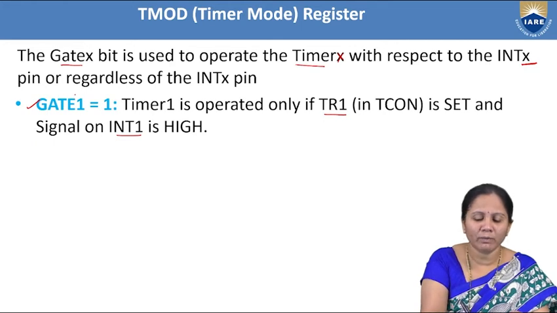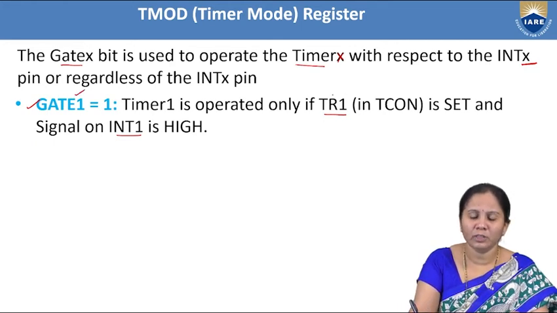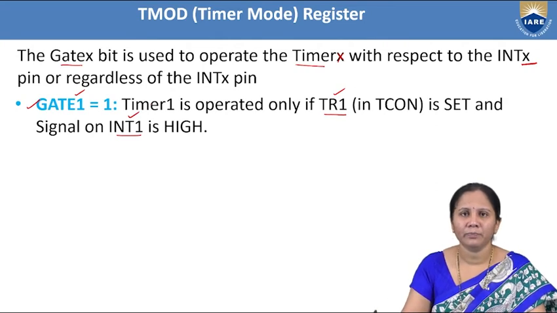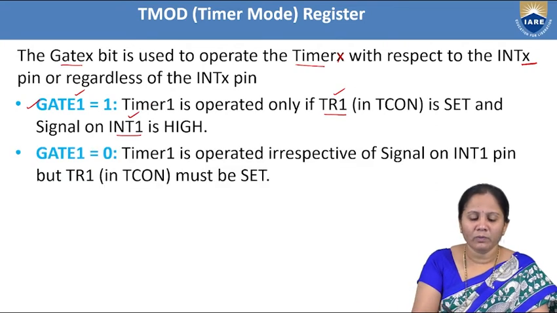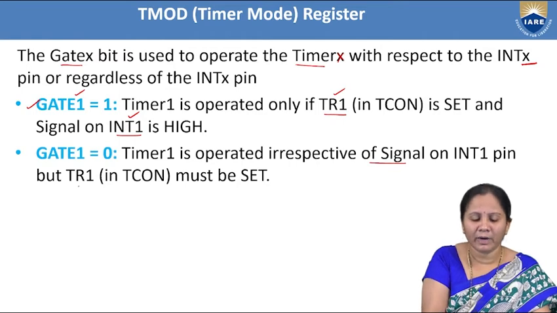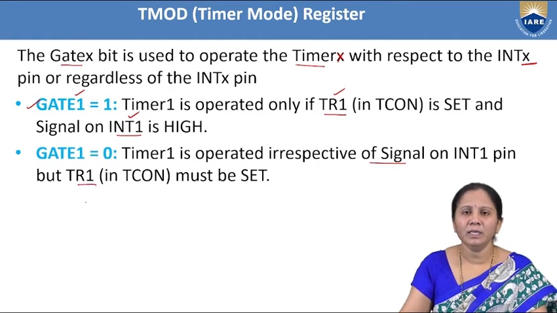So this gate 1 bit is related to two bits, that is TR1 and INT1. And when this gate 1 is 0, it represents timer 1 is operated irrespective of the signal on the INT1 pin, but TR1 must be set.